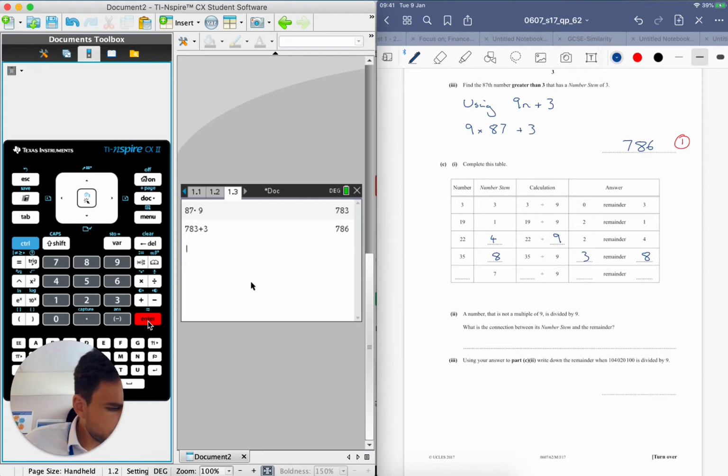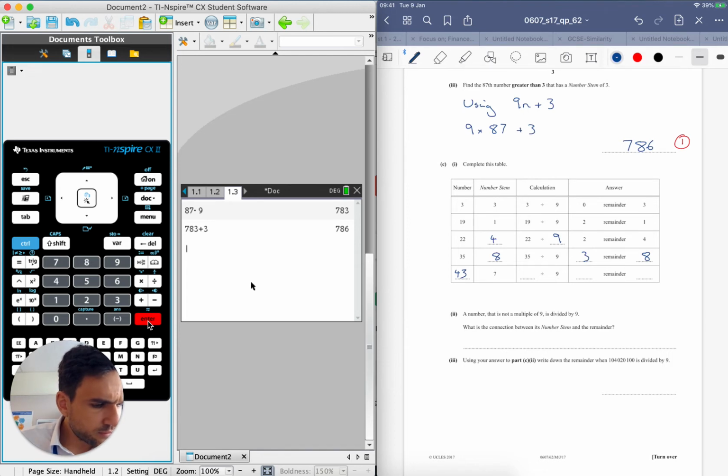Complete this table. Okay. Well, there's not a huge number of clues here for what we're doing with 7. Why don't I just think of a number stem that gives me an answer of 7. So I'm thinking if this is increasing every time, it could be 43. 43, the numbers would add together to give 7. That might be quite helpful for me, just help me get on board with what's going on.